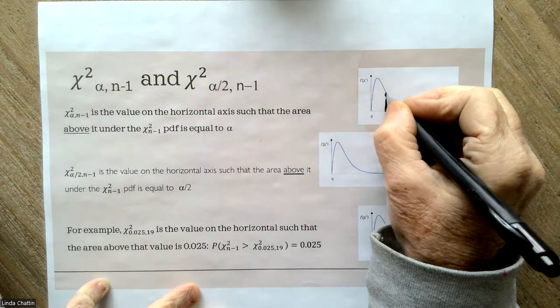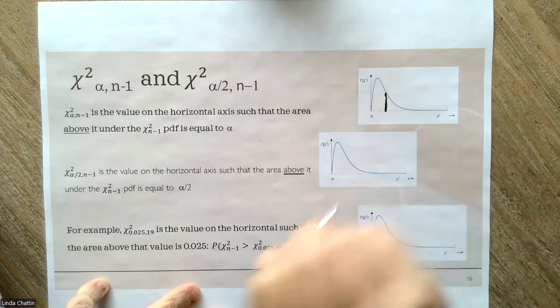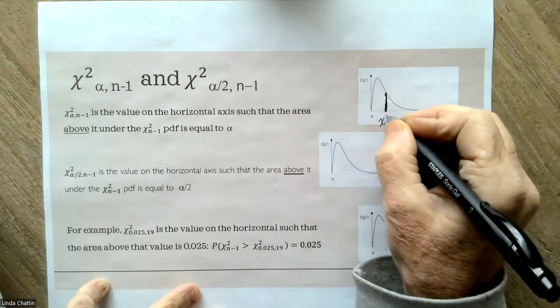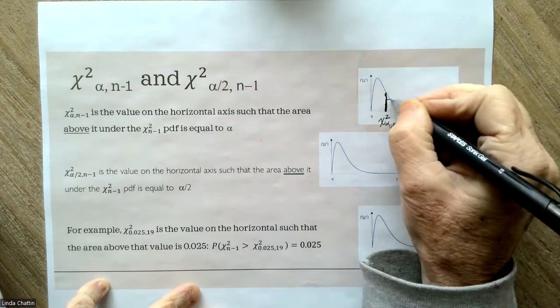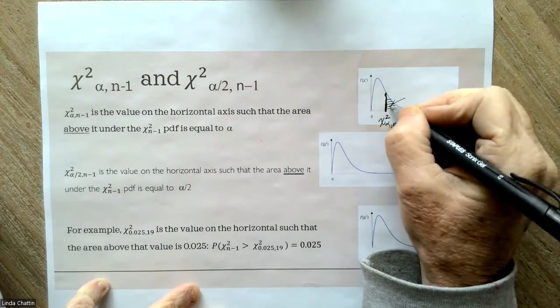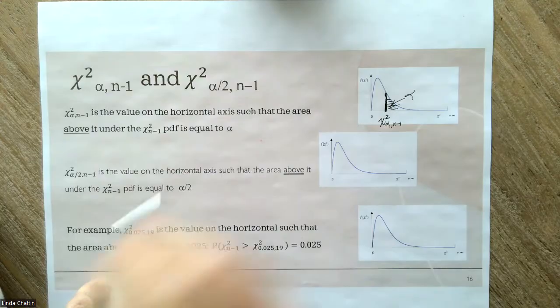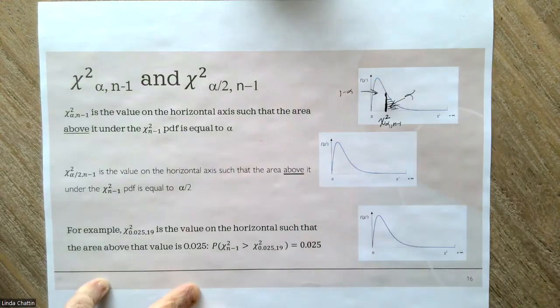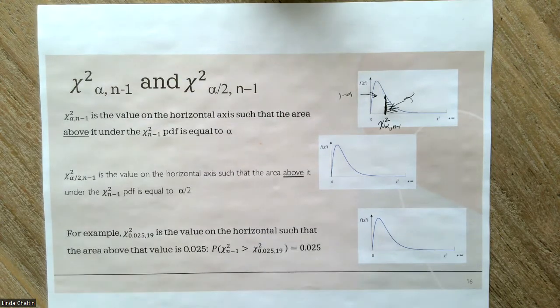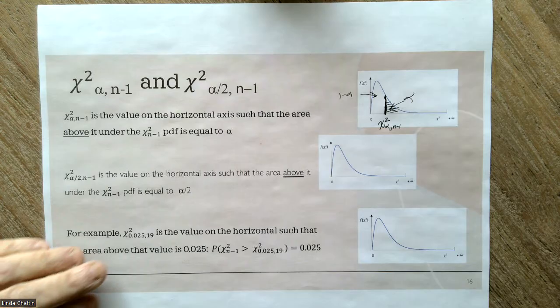My table has a texture on it, so it looks funny when I do this. So this would be the chi-square alpha, n minus 1 value that gets me the area above it of alpha. And certainly we know that the area below it would be 1 minus alpha, because it is a PDF and the area under the total has to be 1.